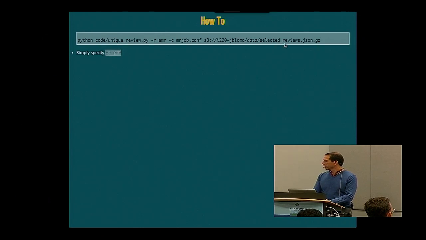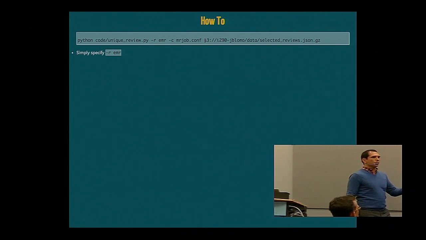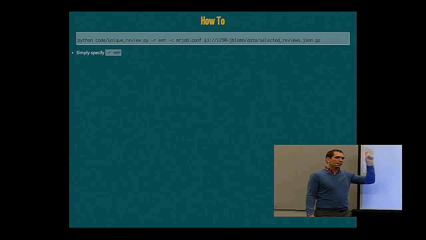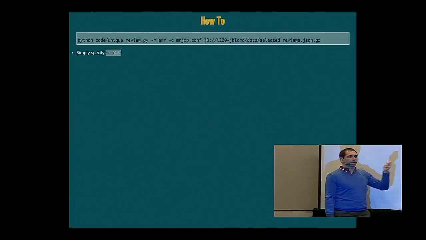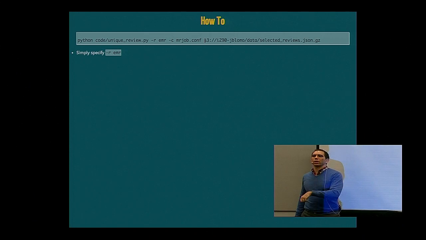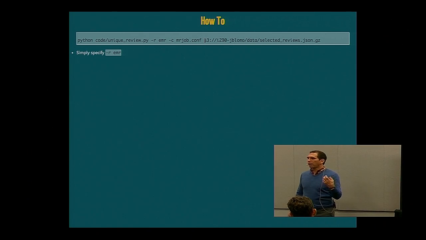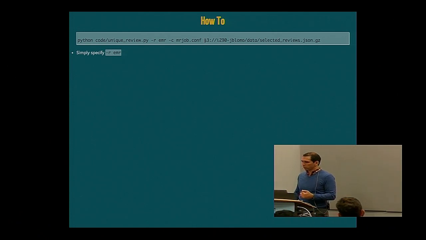And instead of specifying the file locally, you could specify files in S3. Now again, if you do specify a file that's local, mrjob will upload it to S3 to make it available to your job, and then EMR will run it for you.